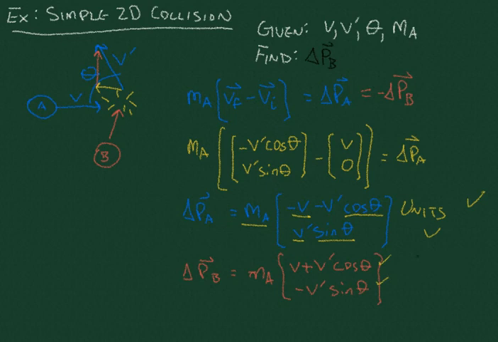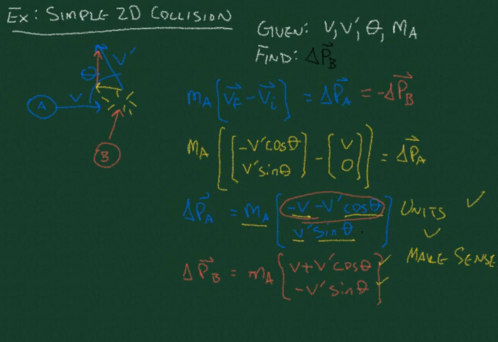And then the next thing I check is, does it make sense? So initially A is moving to the right, and then it's moving to the left and up afterwards. So I should have components that are left and up. If I look at the x component of my change in momentum of A, sure enough, it's moving to the left.